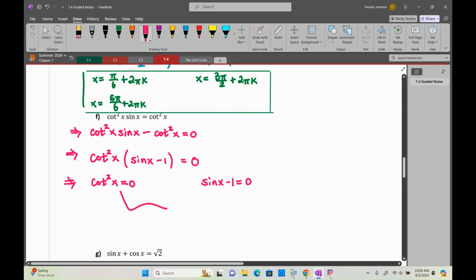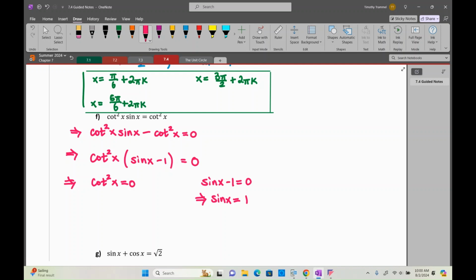And of course, this one, we don't even have to solve it. Versus this one over here, maybe we should solve it for sine of x. So let's find where sine of x is equal to 1 first. That will probably be easier.